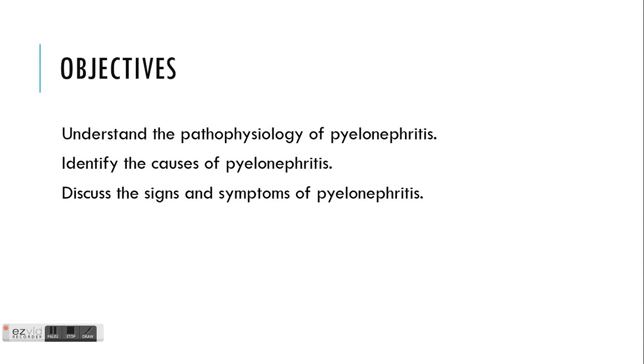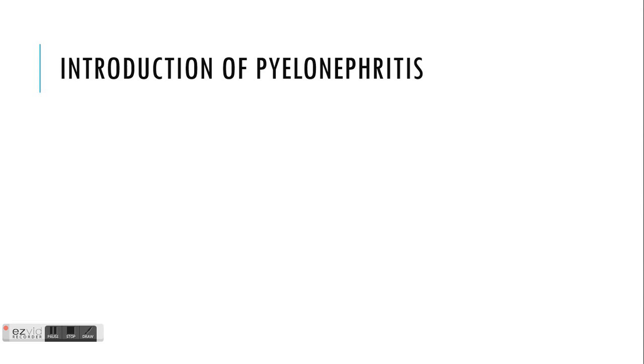We'll also discuss the signs and symptoms, including both subjective and objective findings, so what we as clinicians will see and also what the patient will report. And then identify some nursing interventions and also some patient interventions that we can take when we have a patient with pyelonephritis.